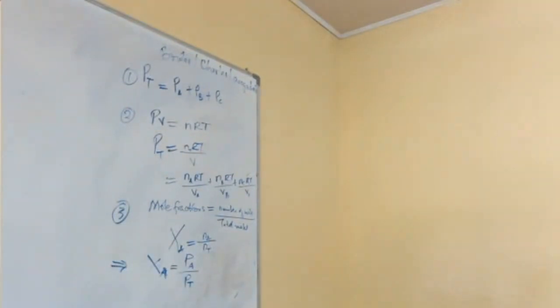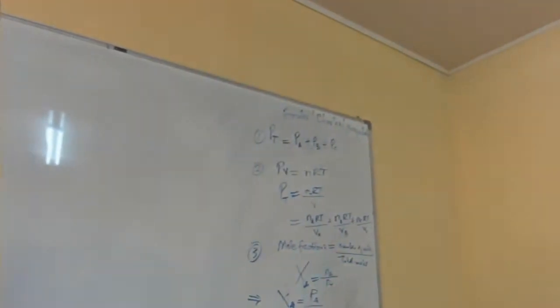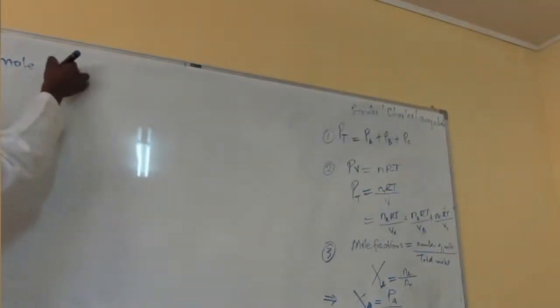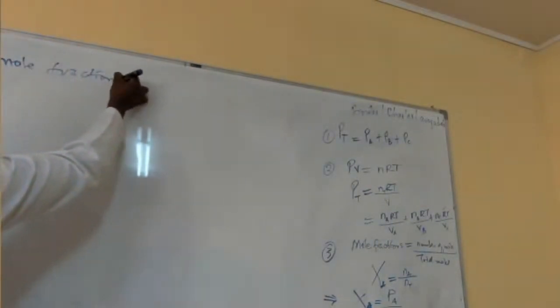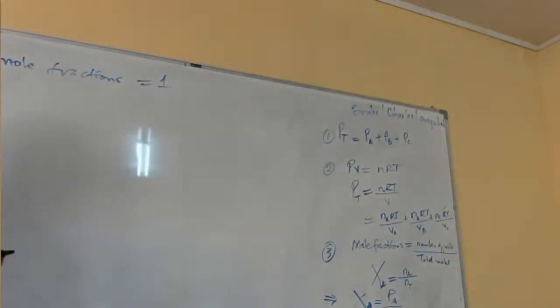So if you are given pressure, you can still calculate the mole fraction. Meaning that if you have, in this case, a number of gas fractions, it means that the sum of all mole fractions should always be equal to 1 because they are fractions.